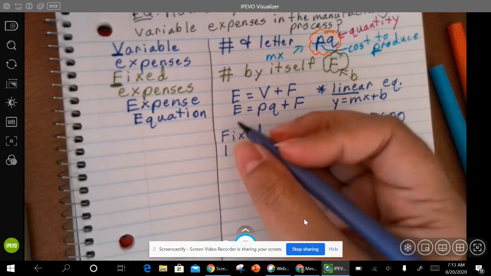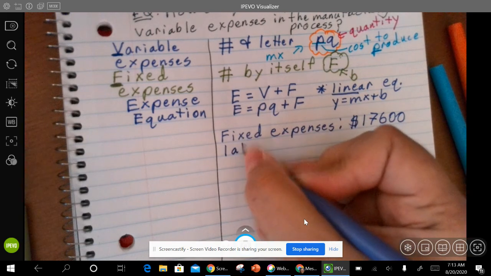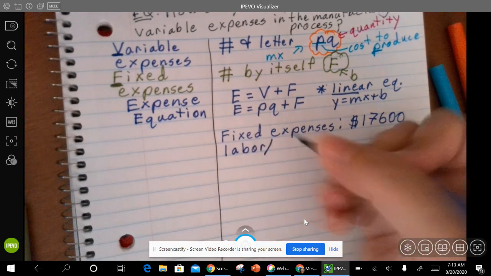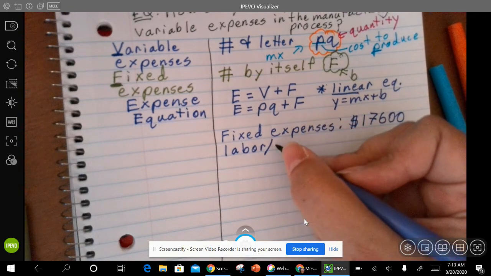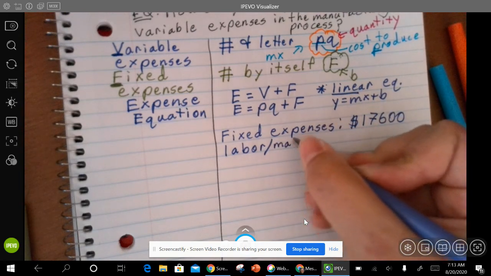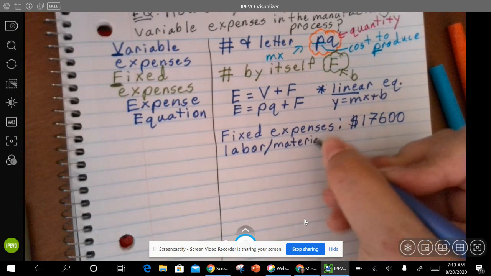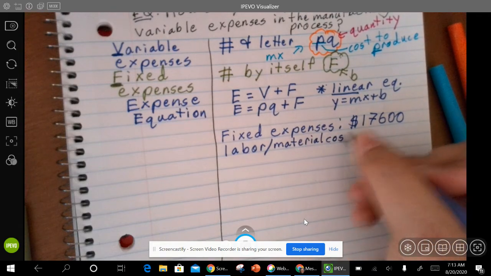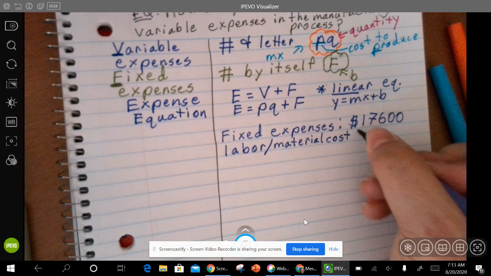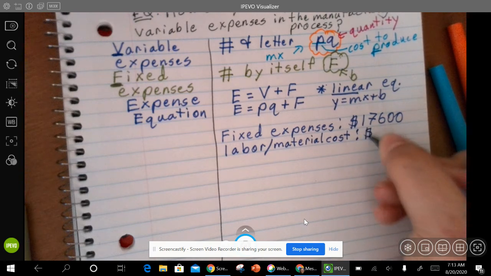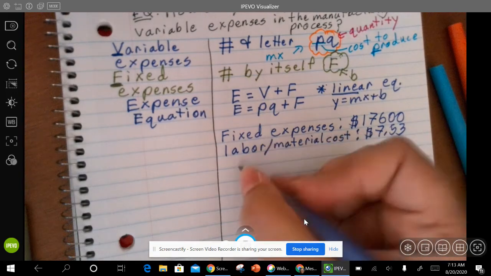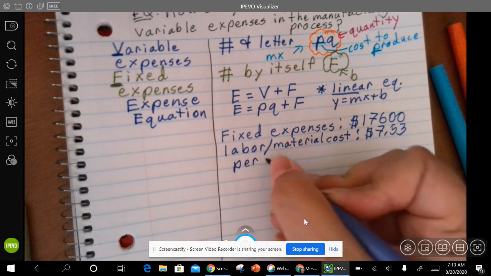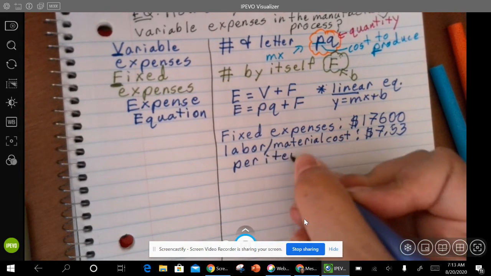The labor and material per widget costs $7.53 to produce. So $7.53 per item, per widget.